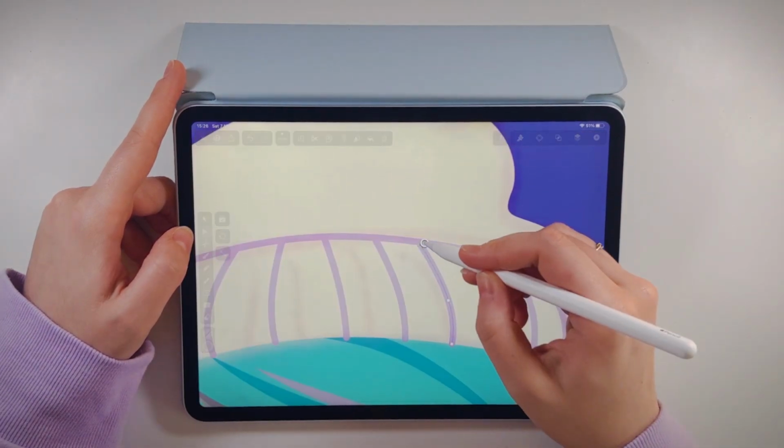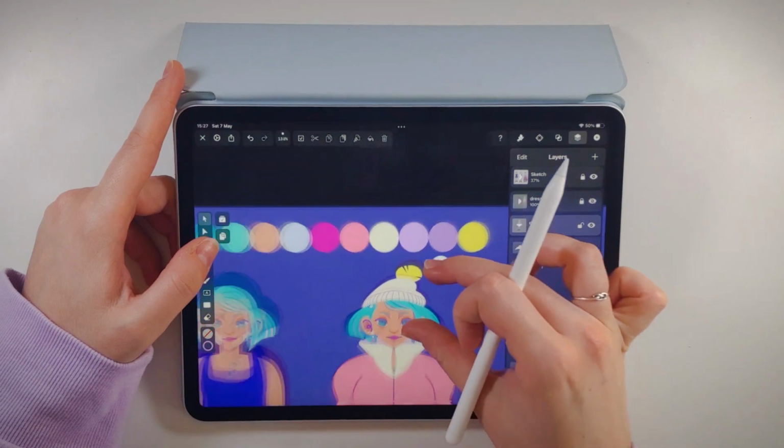I love using the node tool to refine my angles so they look accurate and sharp.